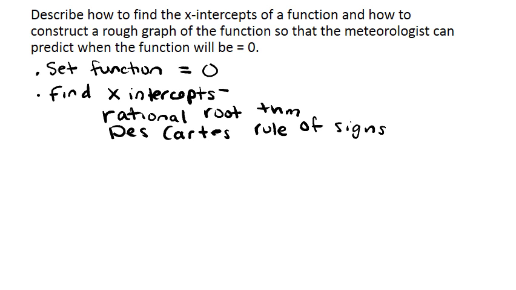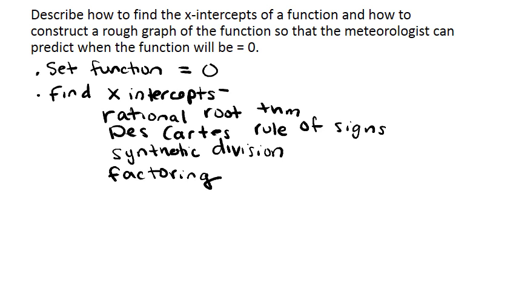Once we use those things, often we use synthetic division. Once we've divided out some zeros, then a lot of times we use factoring. So these are the ways that we find our x-intercepts, and then we solve for x.